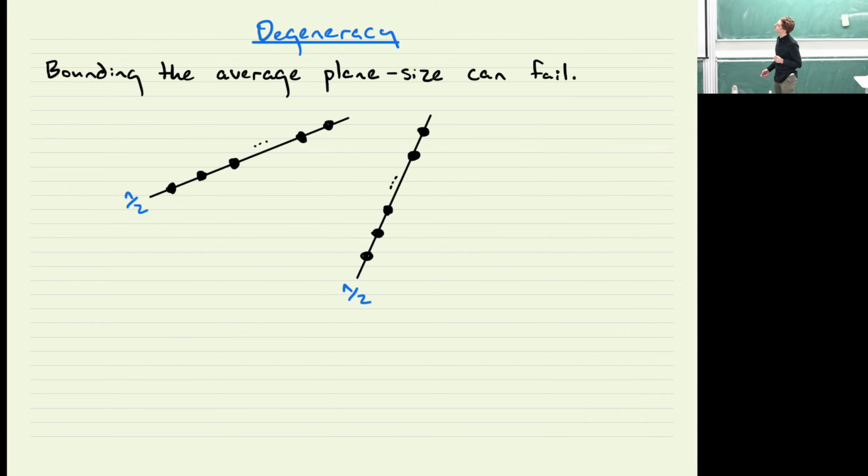As I've already pointed out, the average plane size is not always bounded. So we saw this example of the two skew lines having unbounded average plane size.